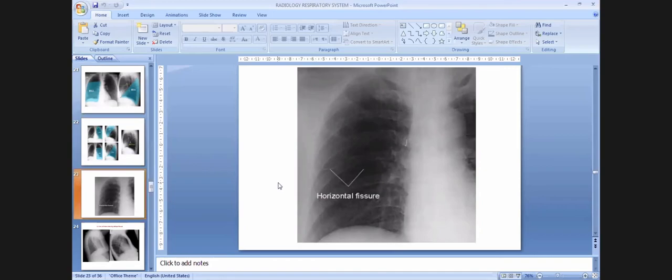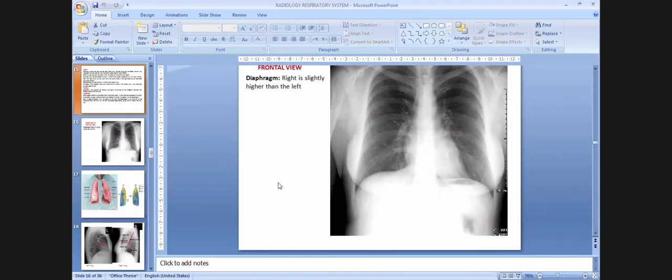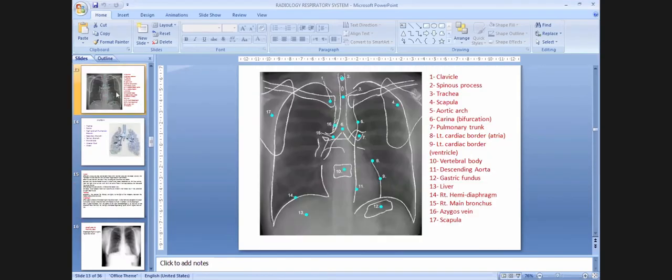Okay, thank you, Doctor. I have one more question on slide 13, with the anatomy. Could you please repeat what we have to know about that structure? Yes, you have to know its respiratory structure, which includes trachea, right and left main bronchus, the carina, left lung, right hemidiaphragm, left hemidiaphragm.